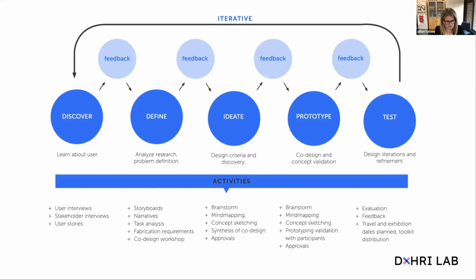Next, we prototyped the concept through that co-design process again. And we're really in the last stage of the project now, where the design iterations and changes are being tested. And there's a comprehensive survey that goes out to any host community that hosts the exhibition. So I'm just going to go into these a little bit.